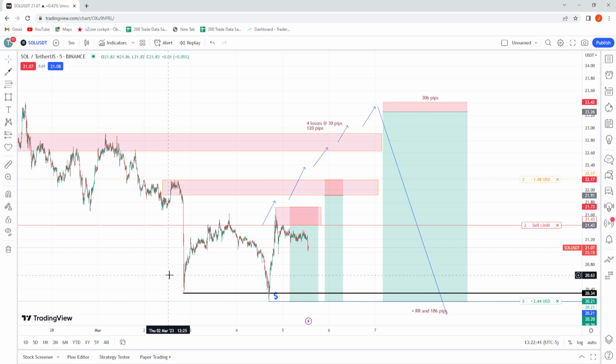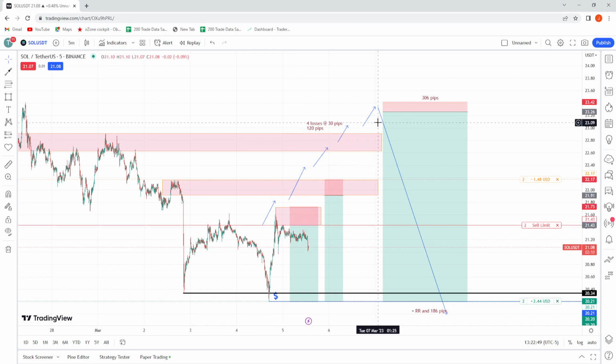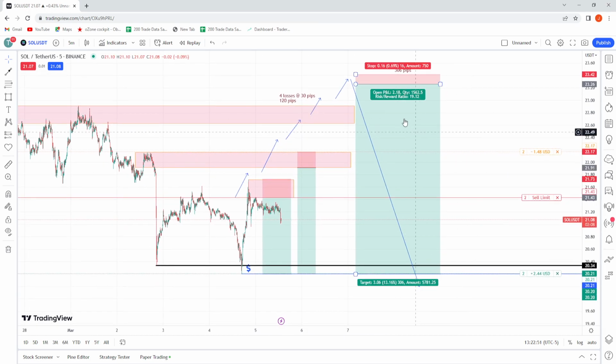So if you're following your plan, you're following your rules, losses happen more often than not. And if you're following a solid risk management plan, this kind of a concept and idea, you'll understand.